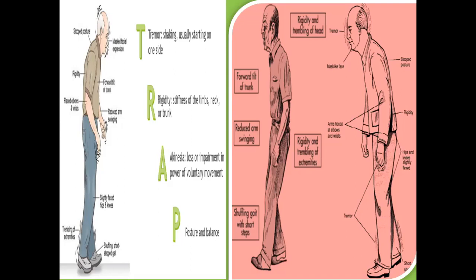So in any Parkinson disease, the main symptoms we must treat as physiotherapists are especially TRAP. T stands for tremor, R for rigidity, A for akinesia, and P for posture. All of this is seen in the practice of Parkinson disease.